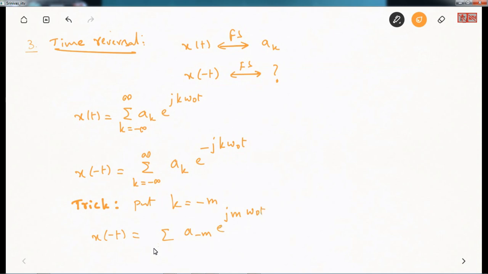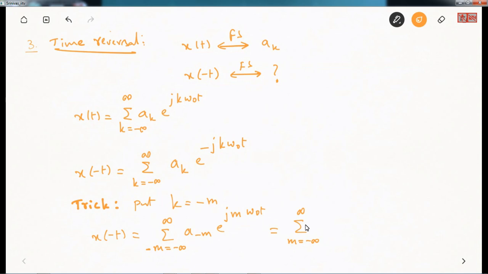Of course, it should be minus m going from minus infinity to plus infinity, but I can write this as m equal to minus infinity to plus infinity, because anyway I'm summing from minus infinity to plus infinity. Whether I add from minus to plus or plus to minus, the sum remains the same, right?